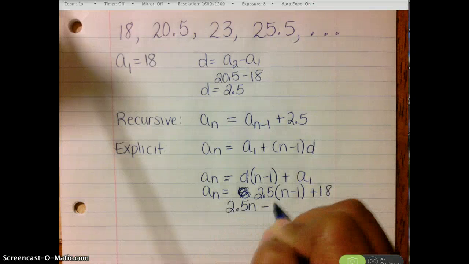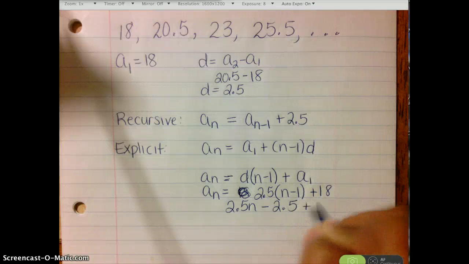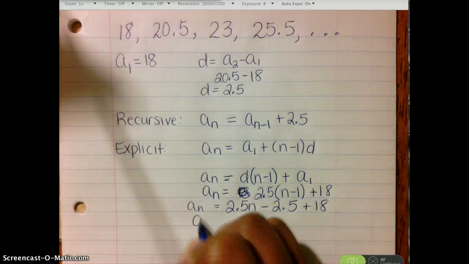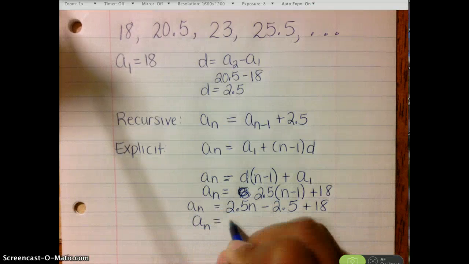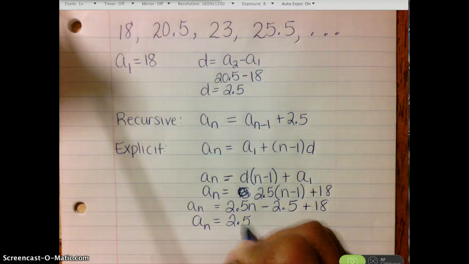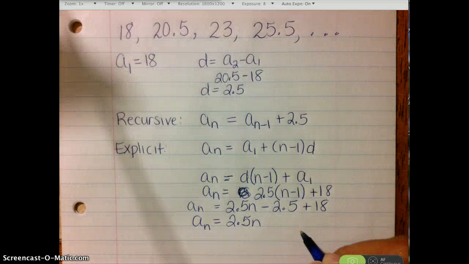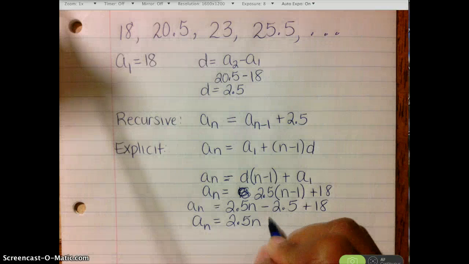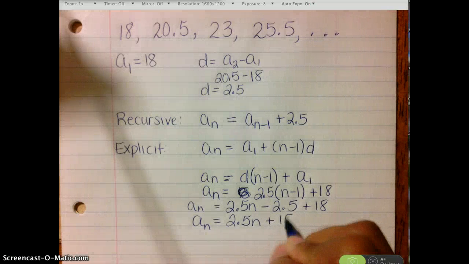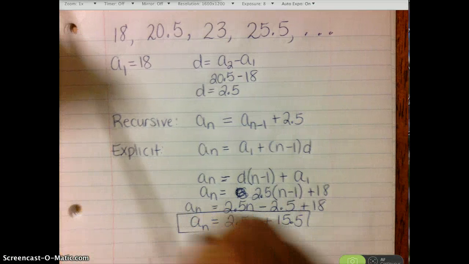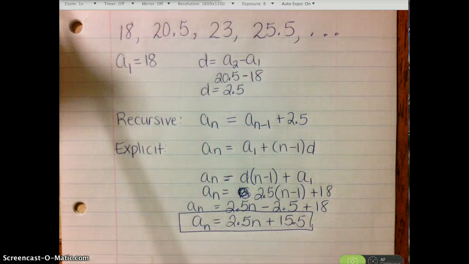That's 2.5n minus 2.5 plus 18. So my current term is 2.5n, and you're going to do 18 minus 2.5, which is 15.5. So that's your explicit form.